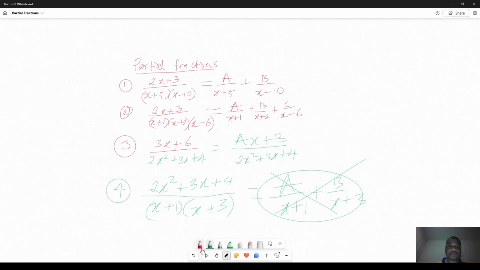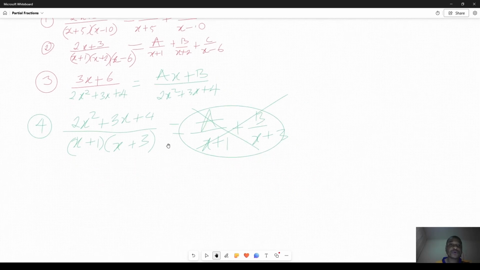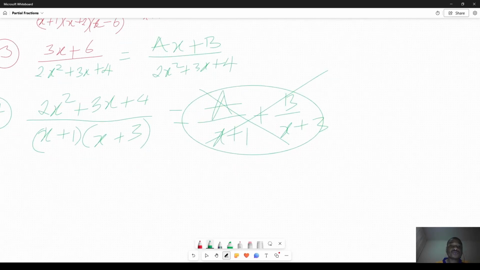You know why? I think you should know. Before you do A over anything, you should make sure that it is a proper fraction. If I simplify the highest power here, on top I will have 2.